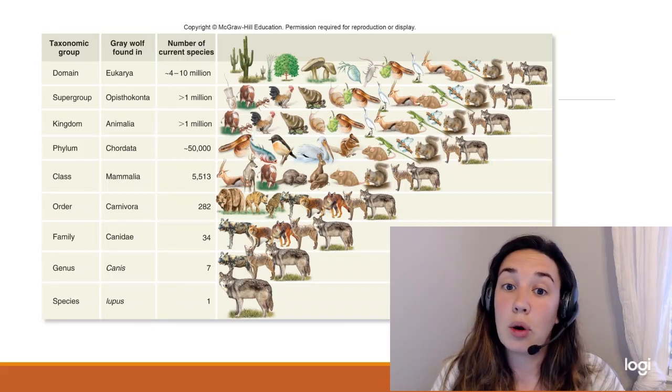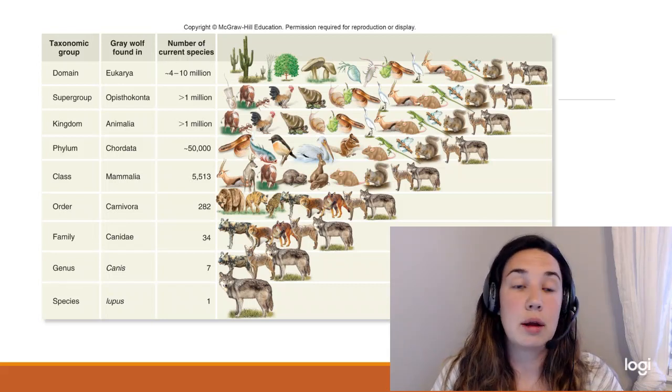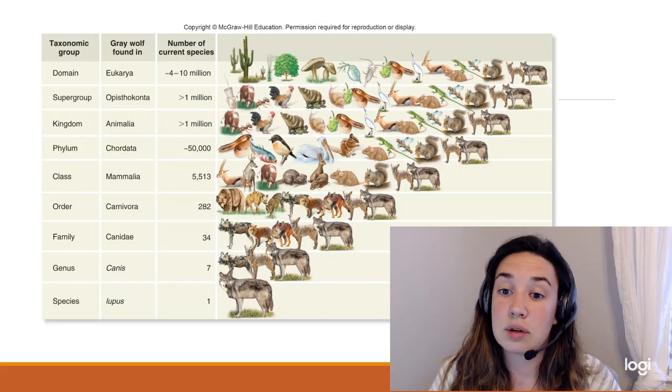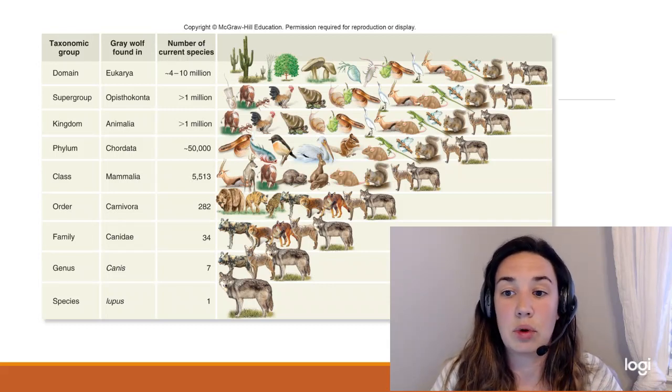And then we have our order, which goes down even further. And this one is Carnivora. So we have our carnivores, which is bears, big cats, hyenas, wolves, any sort of carnivore that we have.